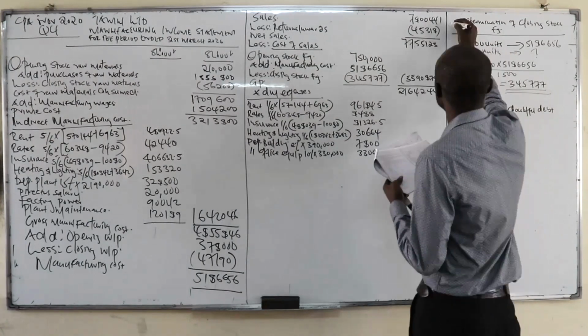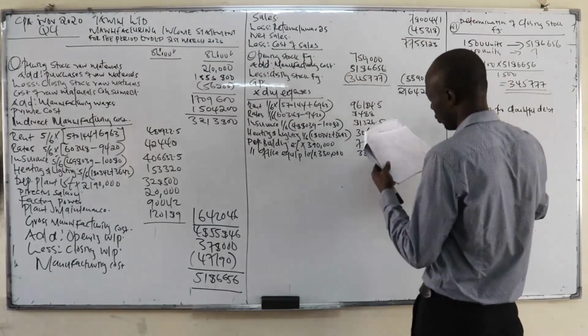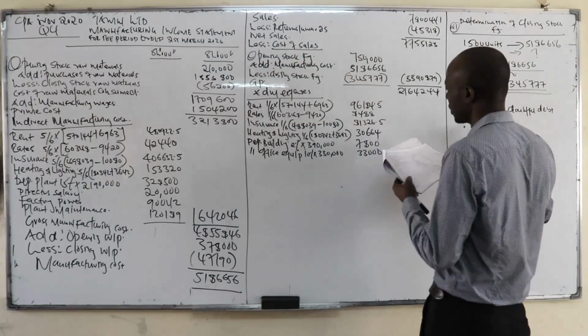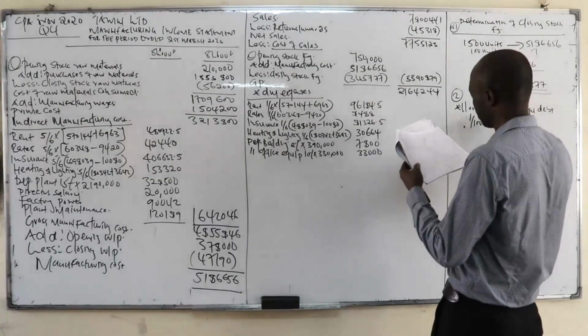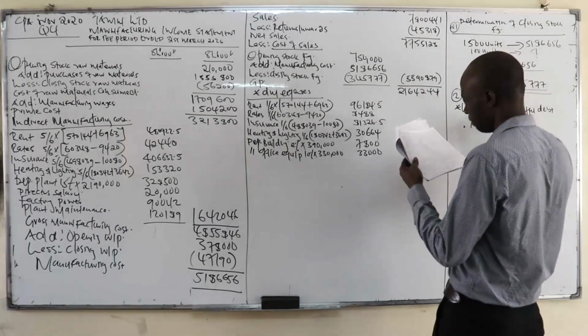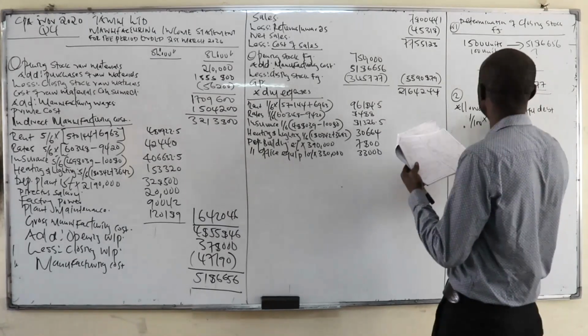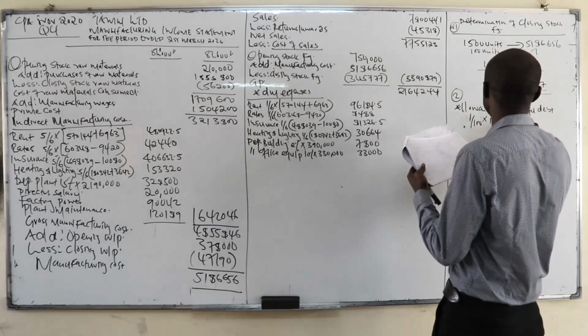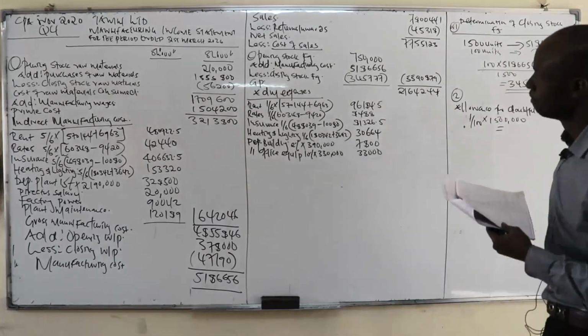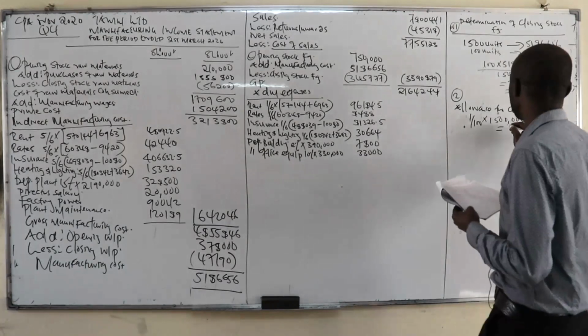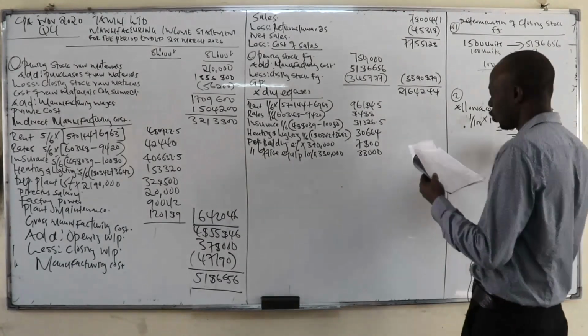This is working number 1. This is working number 2. So 1%, what is the accounts receivable? 1 million, which is how much? 15,000. So that is the closing balance. We compare the opening balance.